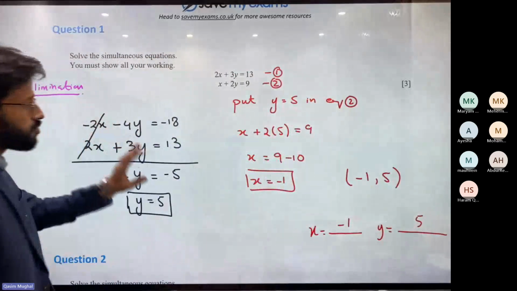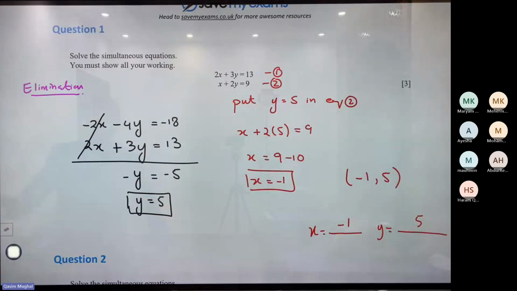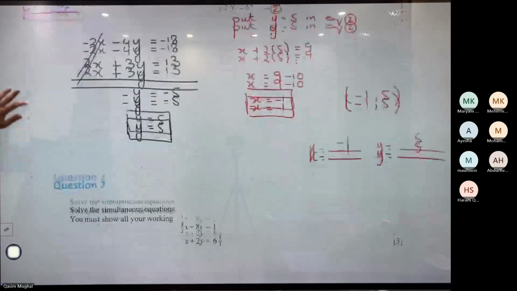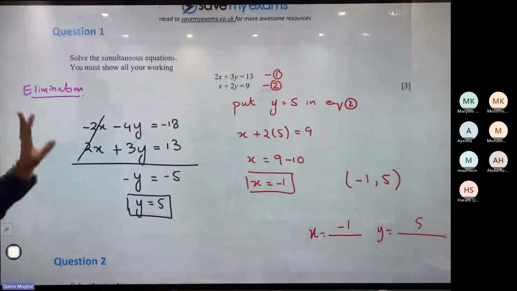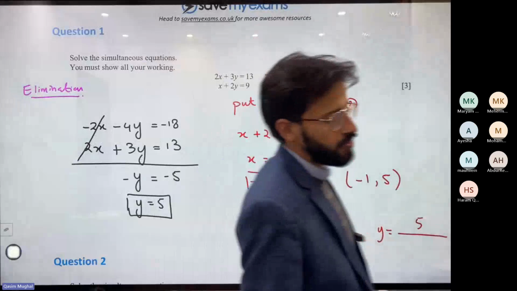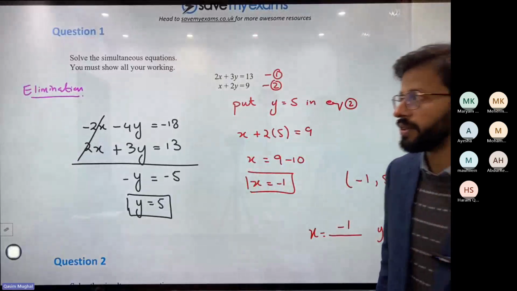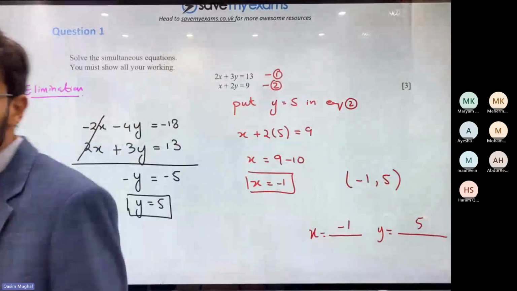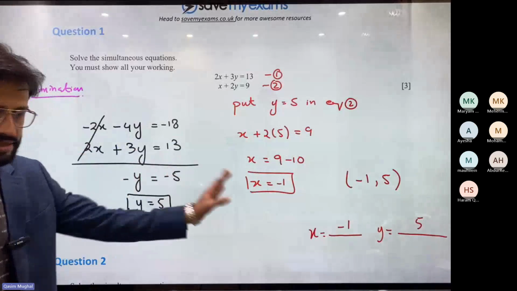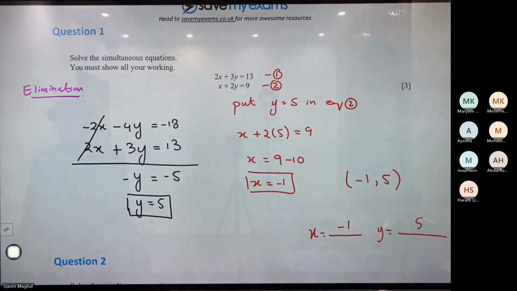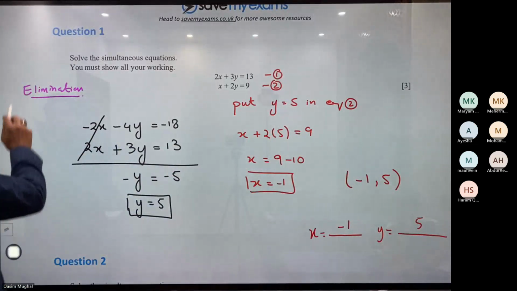So I have done this question using the elimination method. Now let's solve the very same question by using substitution method. ये लिख लिया या erase? अभी लिख रहे हैं? Should I erase this? Anyone who is still writing it?